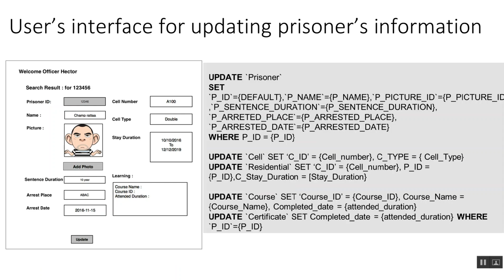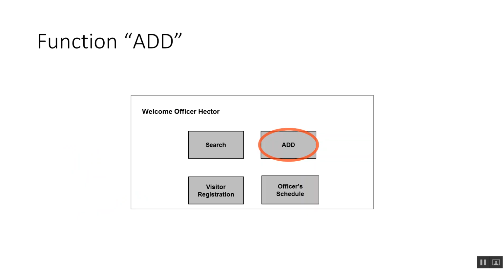If we want to update the prisoner information, it will show all the information of a particular prisoner, and the officer can change the data, the information of the prisoner except the prisoner ID. So once they click update, all the information that they have edited will be updated into the database.